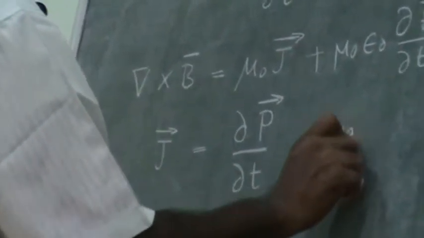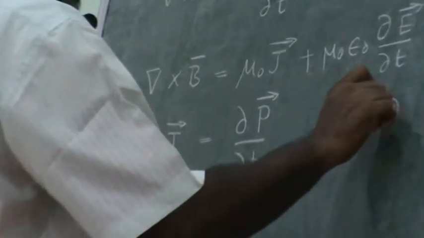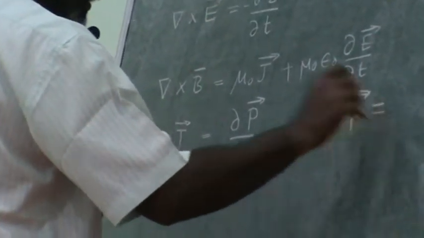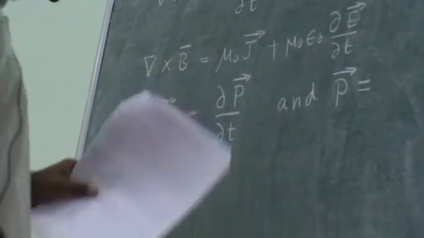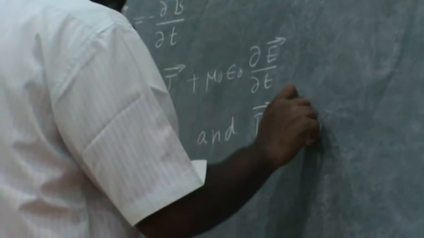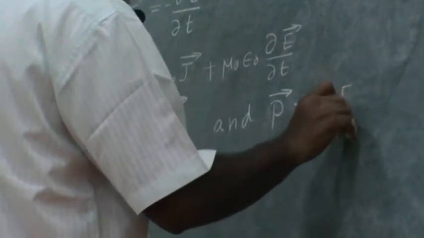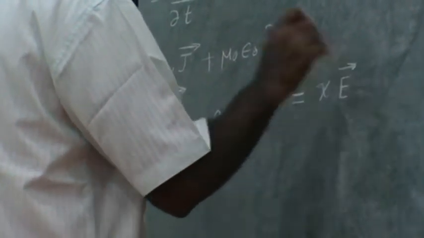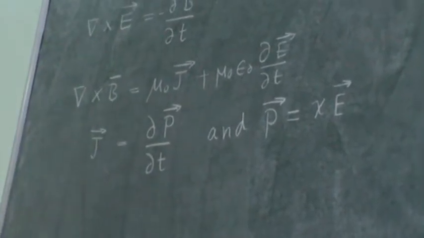And the polarization, which is the dipole moment per unit volume, is given by some chi times E, where chi is called the susceptibility of the material.